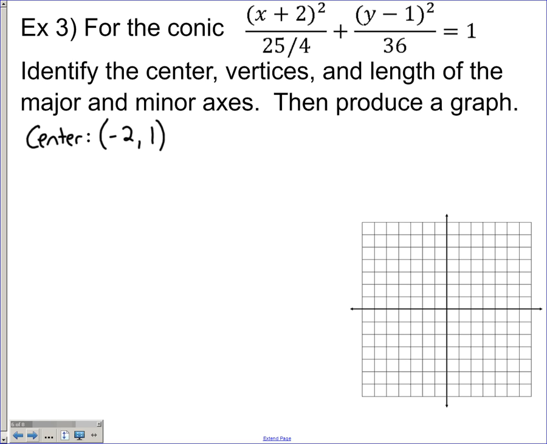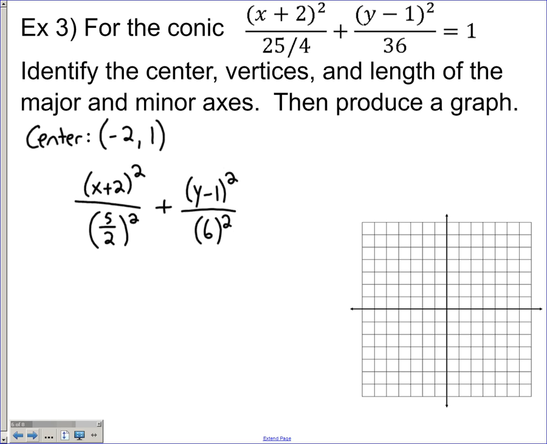Okay, then let's also take some time and rewrite our a values and b values. So here, 36 is larger than 25 fourths. So if I want to rewrite these as perfect squares, I'm going to get x plus 2 squared over the quantity 5 halves squared, then I'm adding y minus 1 squared over the quantity 6 squared.